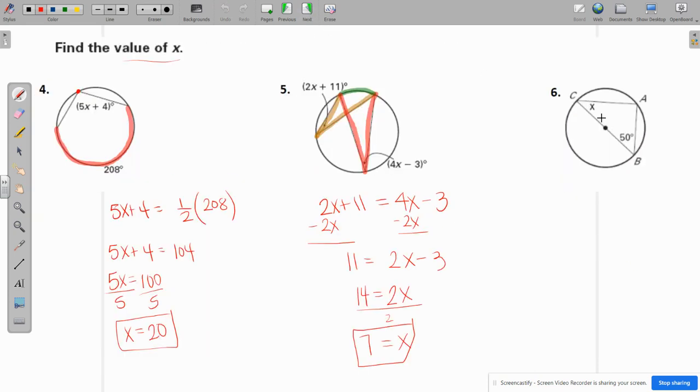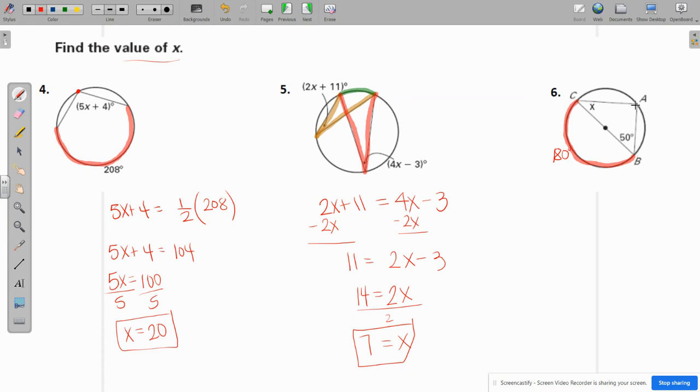So let's look at this problem here. I can see that segment BC is a diameter of the circle. It's a chord that goes through the center, which means that this arc right here is 180 degrees. This intercepted arc is intercepted by angle BAC.